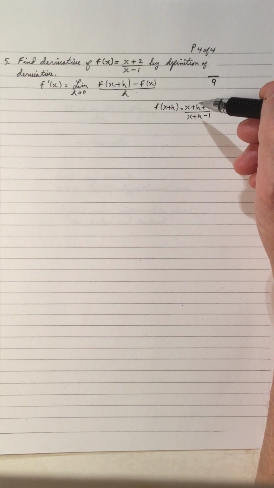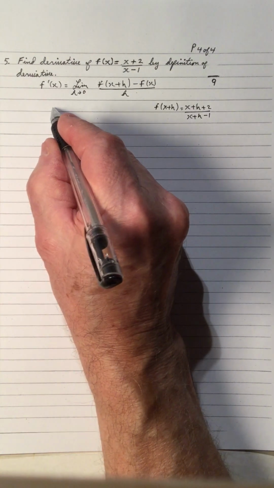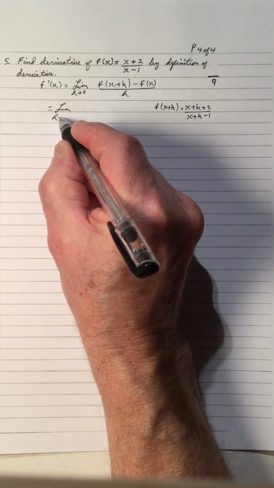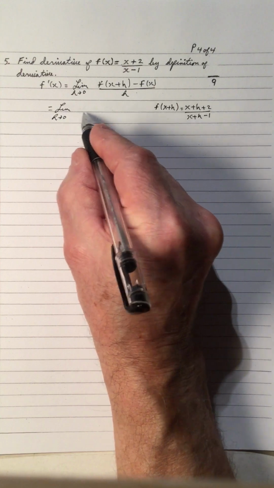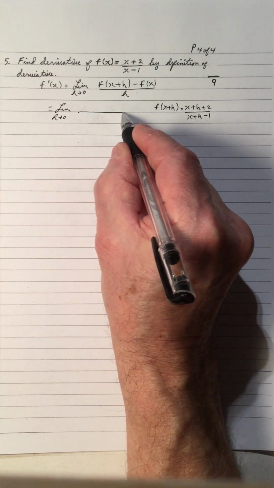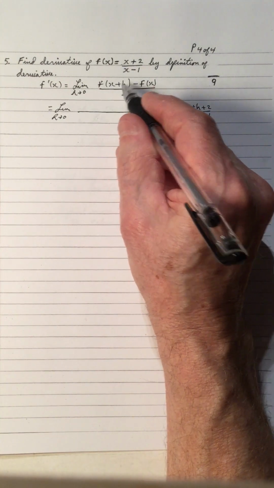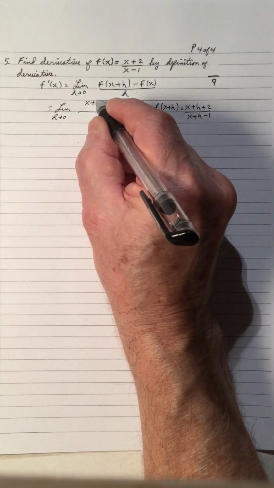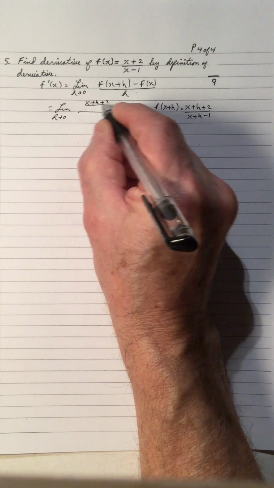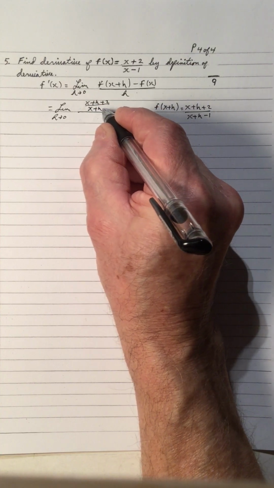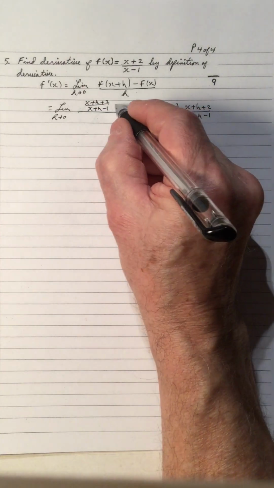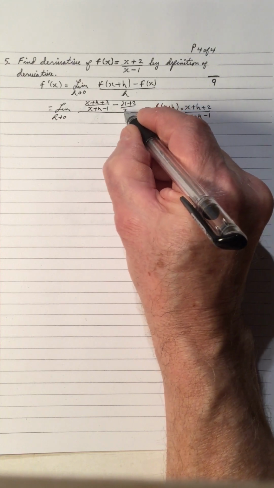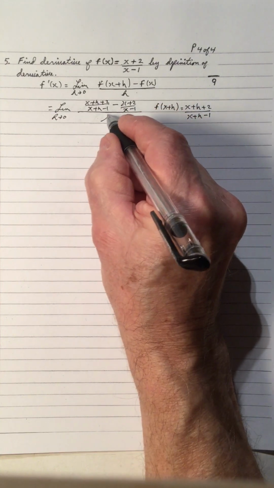So that means that the derivative is the limit as h approaches 0 of x plus h is this expression here, so it's x plus h plus 2 over x plus h minus 1. Subtract the f of x, which is x plus 2 over x minus 1, over h.